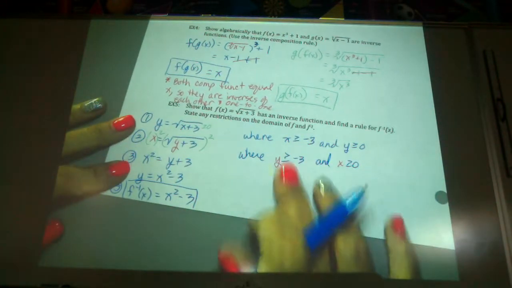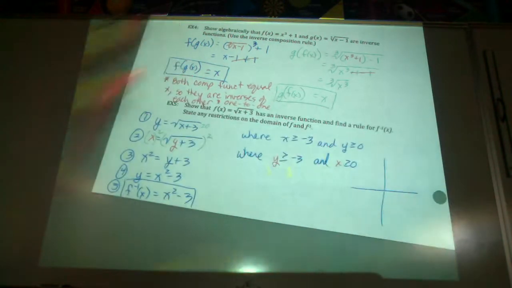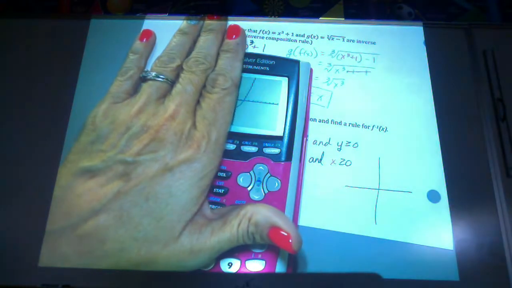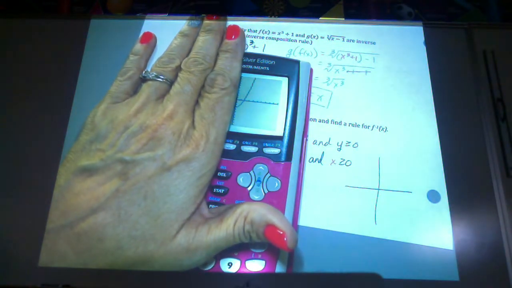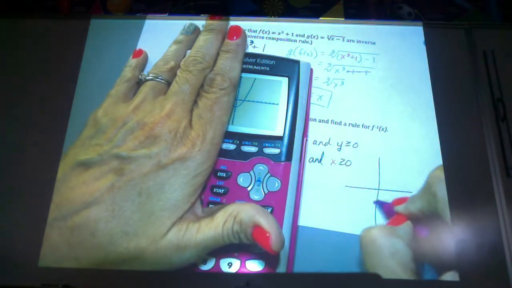And then that gets brought down to here. So this function is going to get restricted to only the part where x is greater than or equal to 0. It's only going to look like this, from -3 on up.